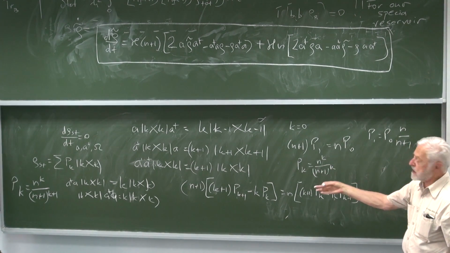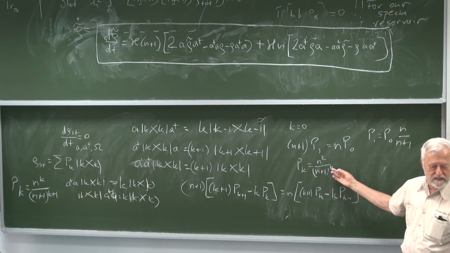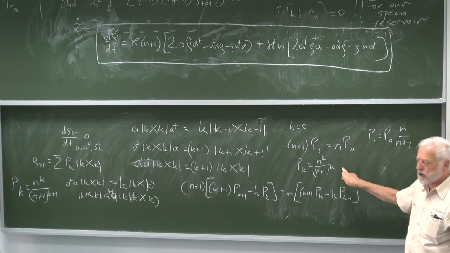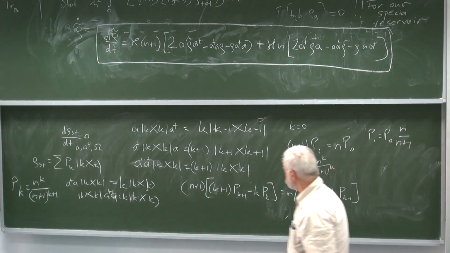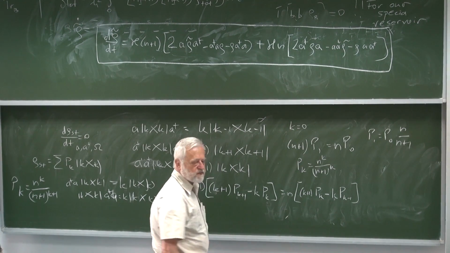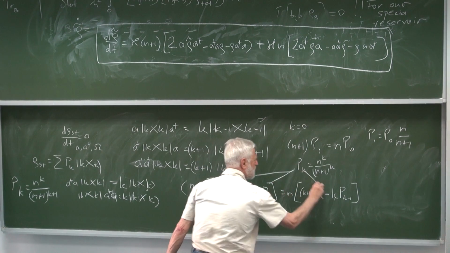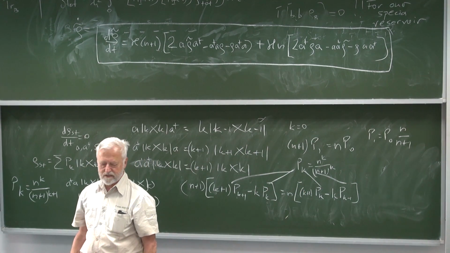If I assume this and it is a solution, then this is not properly normalized. But then when I sum and divide by the sum, there will be this additional power of n plus 1. So I think it's boring to substitute this here, here, here, here, and check that indeed this is the solution.